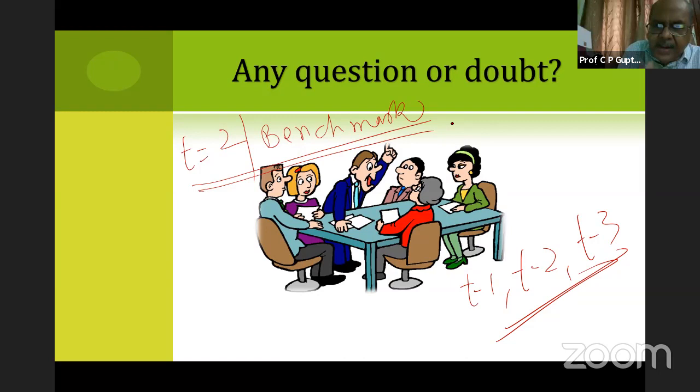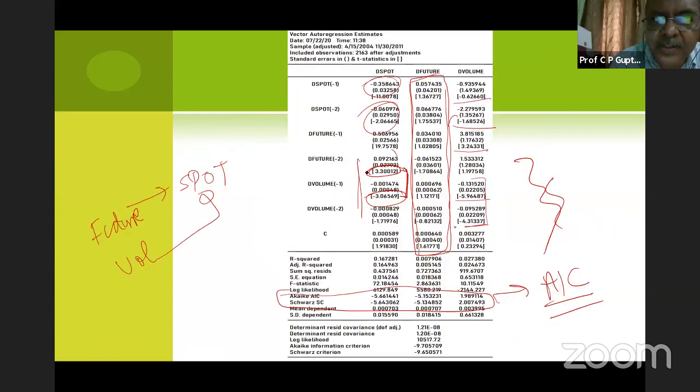Palak Jain is again asking me, should we check Granger causality before VAR? No, VAR itself can help you in determining Granger causality. In the VAR model, every coefficient has its own hypothesis. I can show you. All coefficients have their own respective hypothesis, and the hypotheses are betas equal to 0.